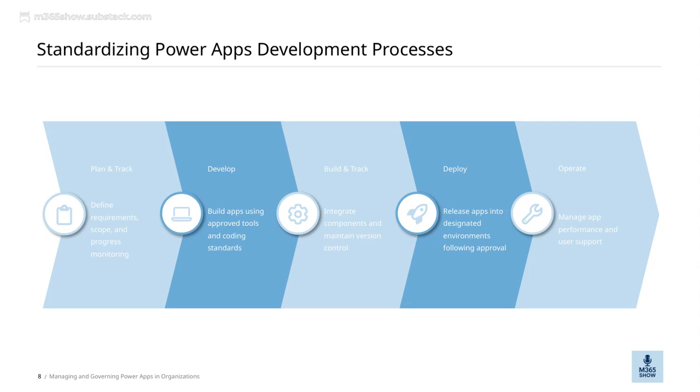Finally, development begins with defining clear requirements, scope, and setting up processes for monitoring progress. Making sure everyone is aligned on what needs to be built helps us stay on track and deliver value efficiently. Altogether, these steps form a comprehensive framework for managing Power Apps effectively, ensuring they support our organizational goals while maintaining high standards of quality and performance.